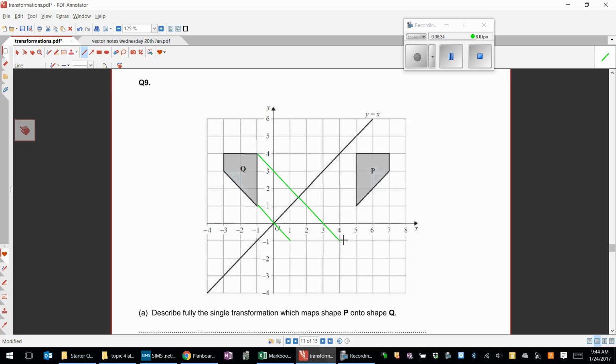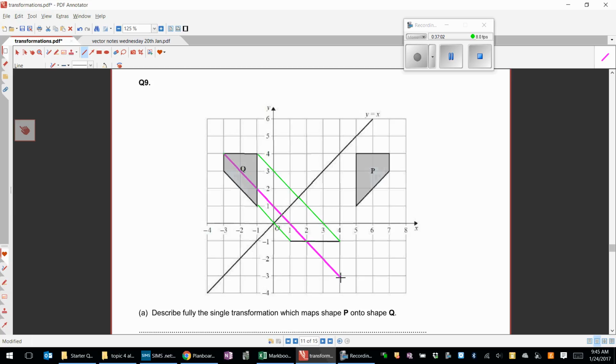And you might be surprised where it ends up. So for instance, between those two, I know I've got that line there. This point here, remember we've got to go at 90 degrees, so we go 2, 3.5 squares. So we do half, 1, 2, 3. So that point goes there.